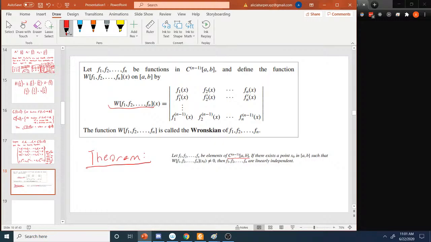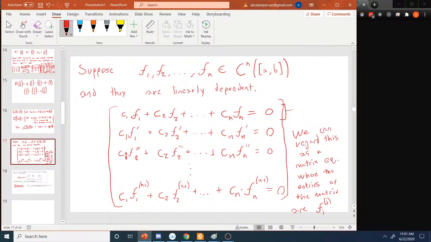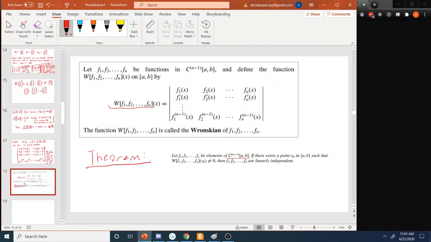The reason this is true is that if they are linearly dependent, then this matrix times this vector has to be equal to 0.